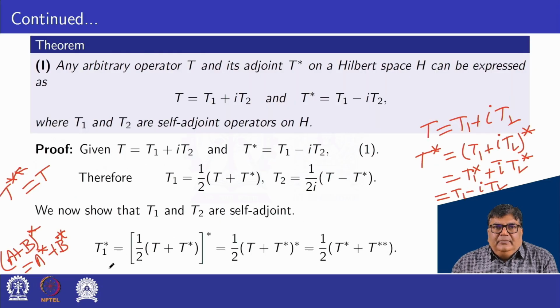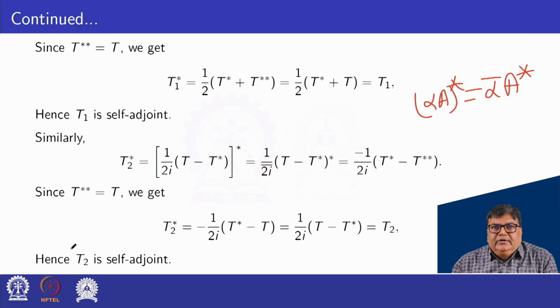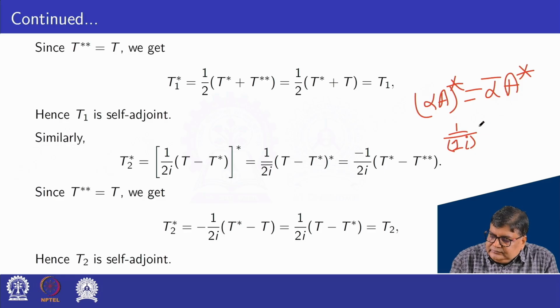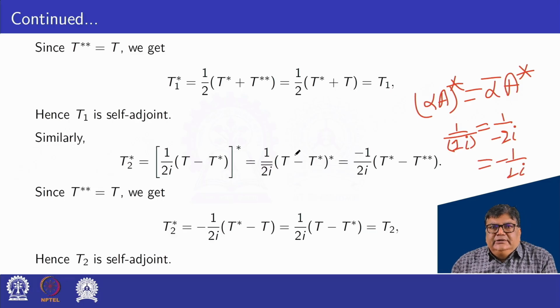Again, applying this property, we have 1 upon i bar, that is minus i, 1 upon 2i bar, equal to 1 upon minus 2i. So this can be written as minus 1 upon 2i, and this is (T star minus T double star).